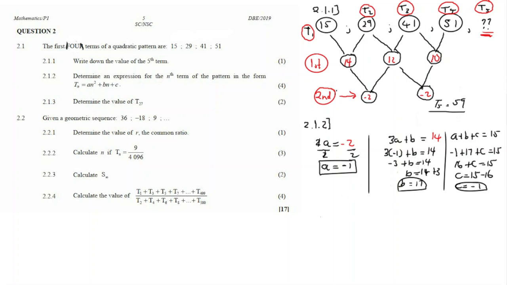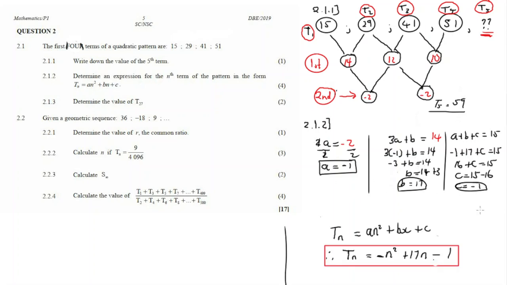So therefore we now have our equation, because we have the values of a, b and c. So the nth term becomes Tn is equal to negative n squared plus 17n minus 1. We substituted the a, b and c into this equation.